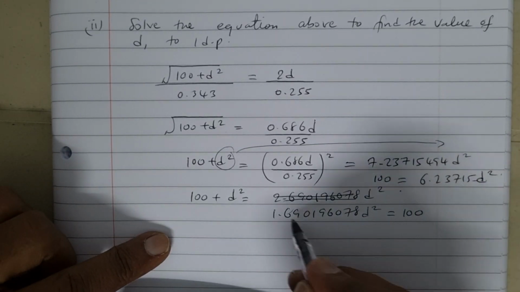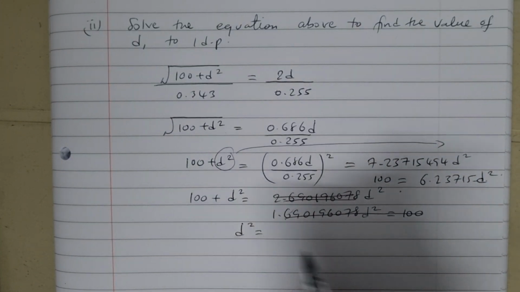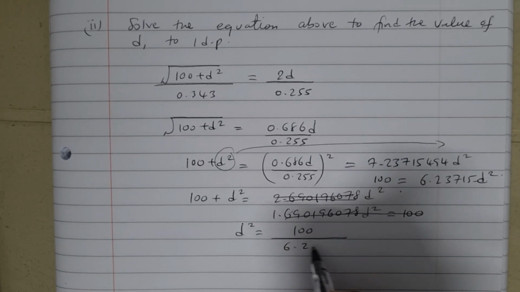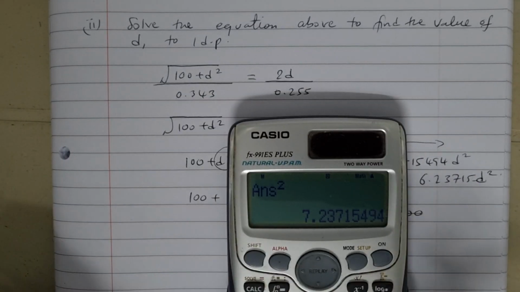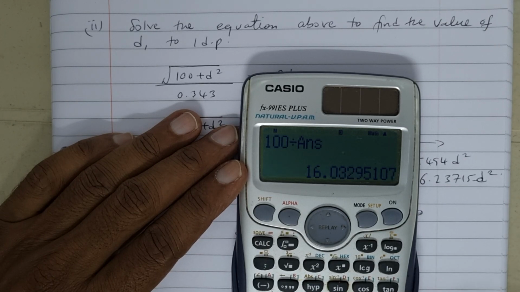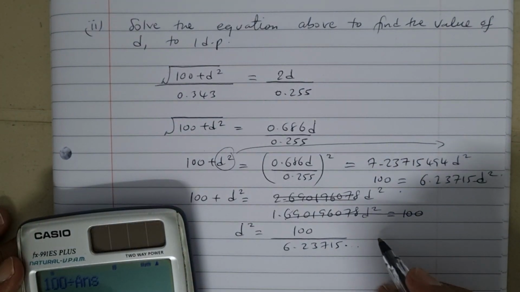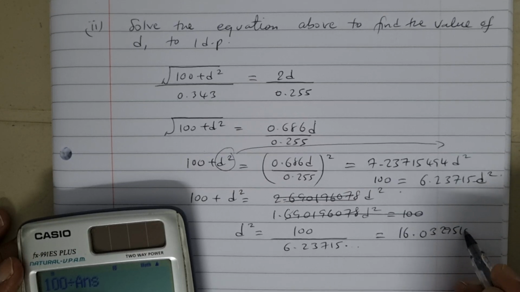So d squared is equal to 100 divided by 6.23715 and so on. 100 divided by what we just found is 16.03295107.